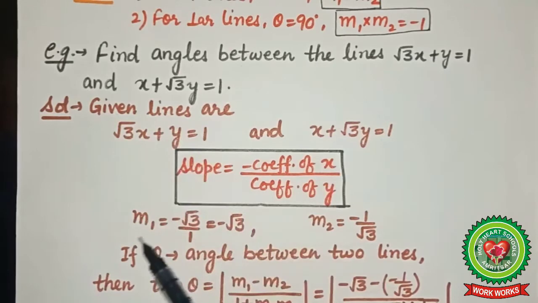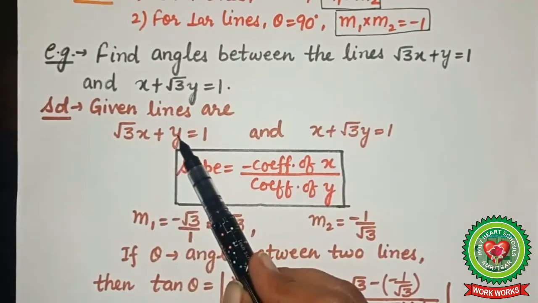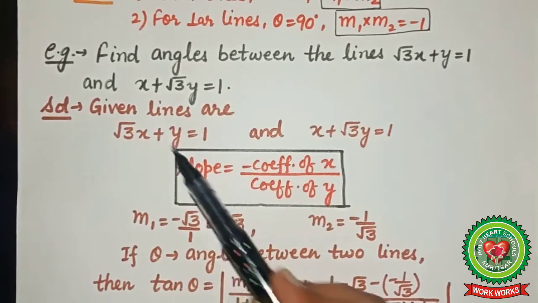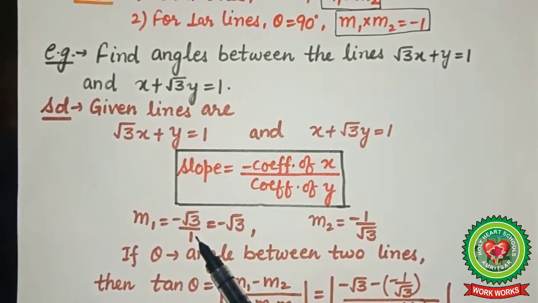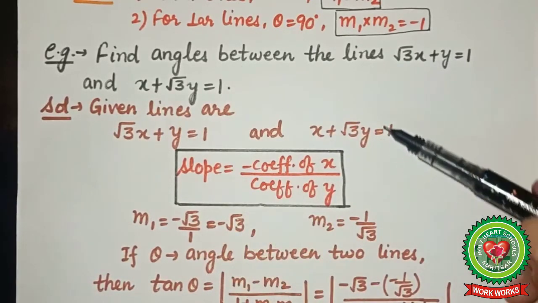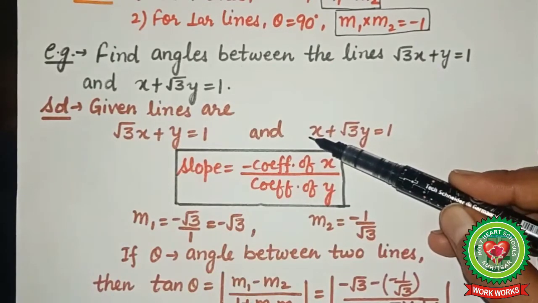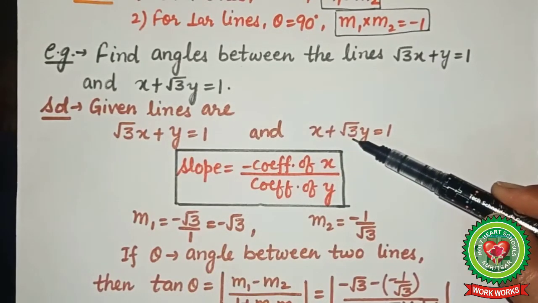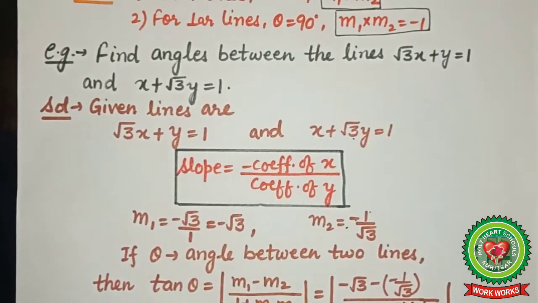So in the first case, coefficient of x is √3 and coefficient of y is 1. So slope is minus √3 upon 1, so it is equal to minus √3. Similarly from the second, coefficient of x is 1 and coefficient of y is √3. So slope is minus 1 upon √3.